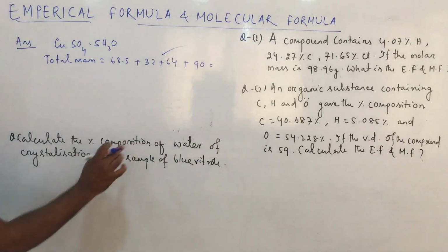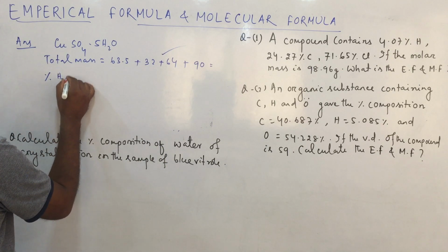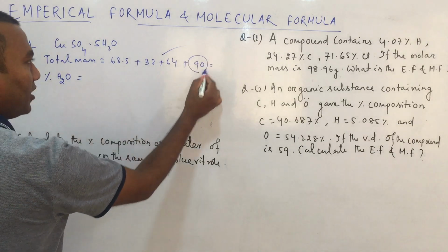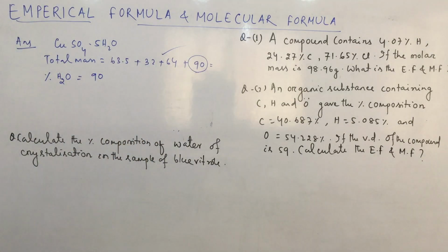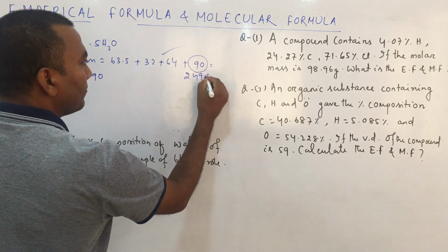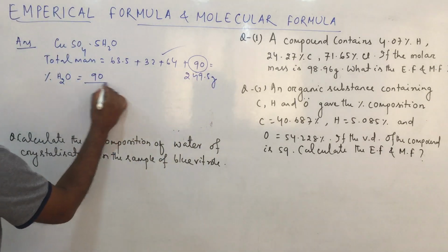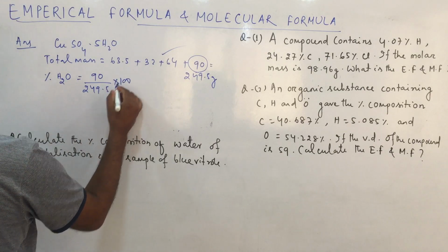The question is the percentage composition of the water of crystallization. So percentage of water of crystallization equals the total mass of water, which is 90, divided by the total mass, 249.5 gram, into 100.